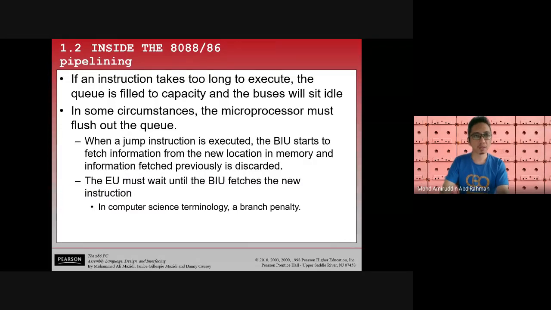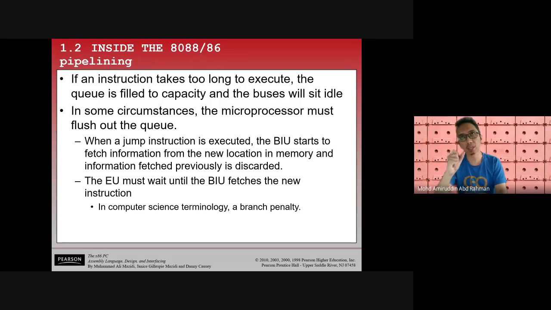If the instruction takes too long to execute, the queue is filled to capacity and the buses will sit idle. When the execution takes too long, you cannot start the next process without fetching the next information. So to avoid wasting time, the microprocessor must flush the queue, and then we can have a jump instruction.